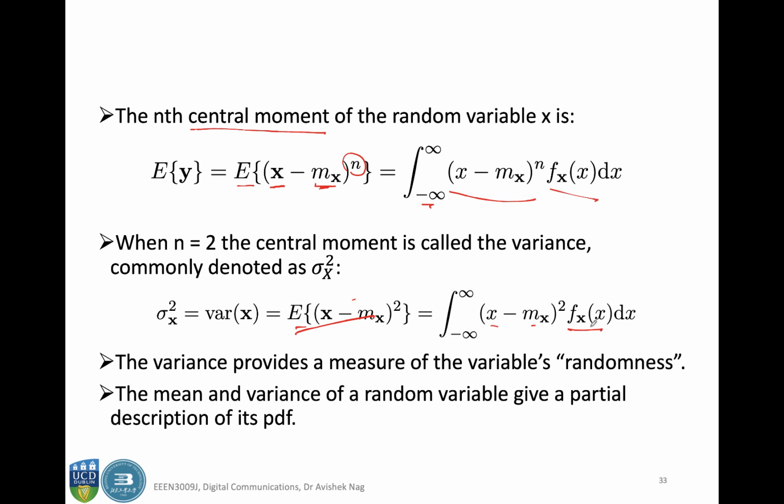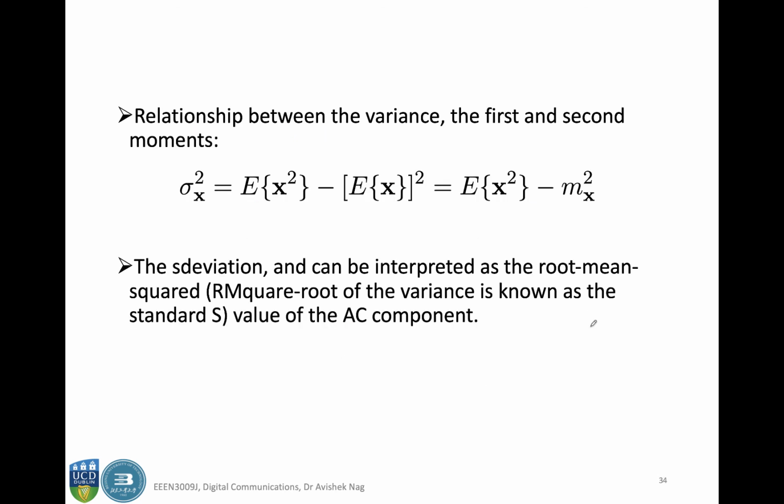The variance provides a measure of the variable's randomness, and the mean and variance together give a partial description of the PDF. The relationship between the variance and the first and second moments is given by this expression: variance equals the second moment minus the first moment squared.